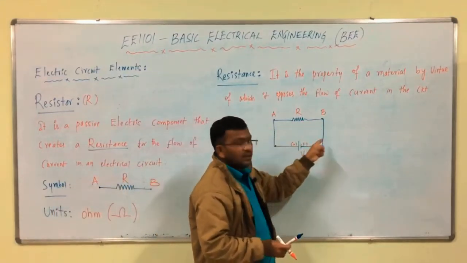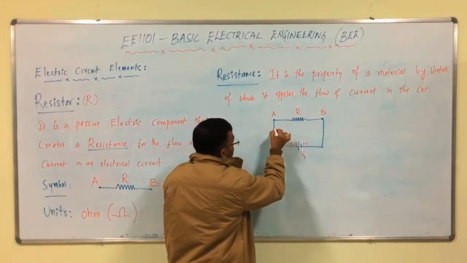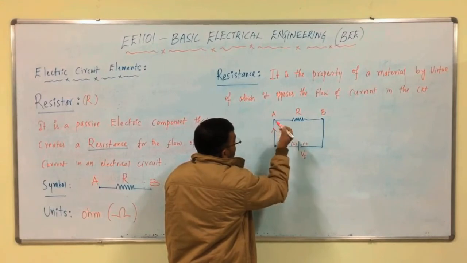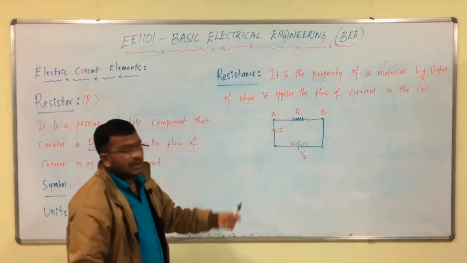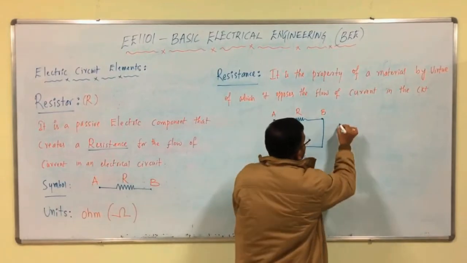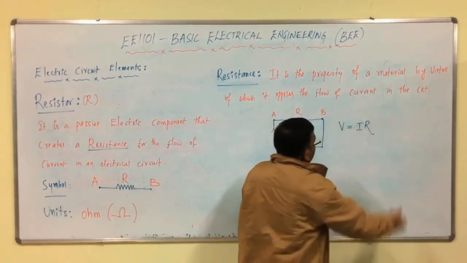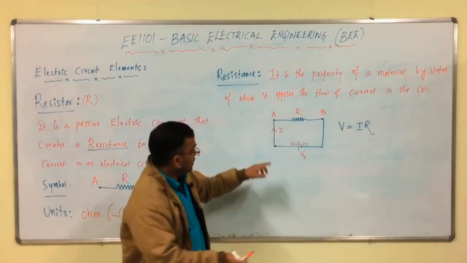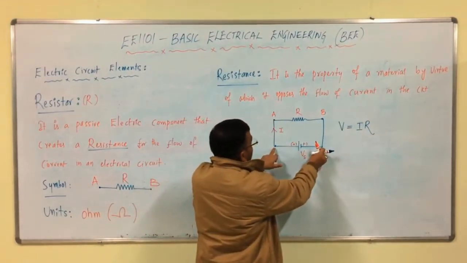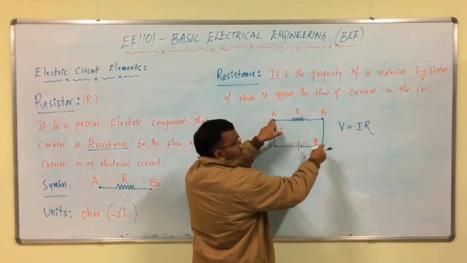This looks like a simple loop, no? Obviously, because of the supply voltage, there is a current in the circuit. So, from this, V is equal to I into R. This voltage is applied across these two terminals, because this is a simple loop.